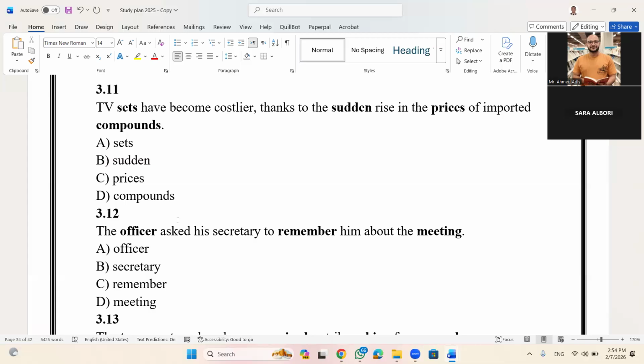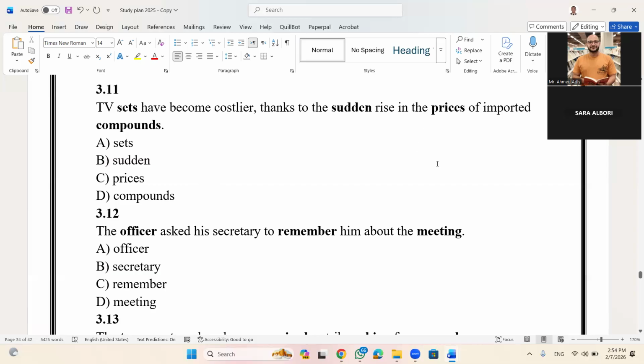So which one here? Is it sets? TV sets? No, no, no. A TV, by the way, is called a TV set. So it's not sets.